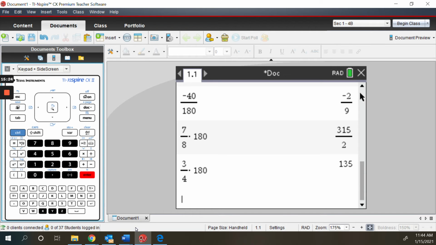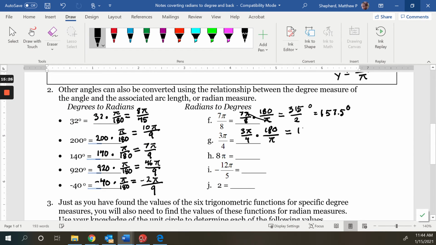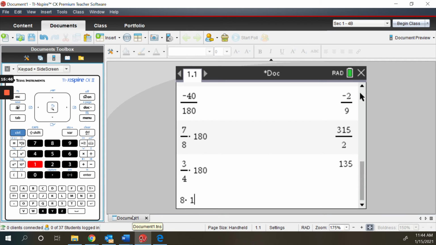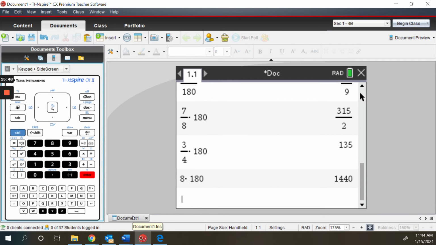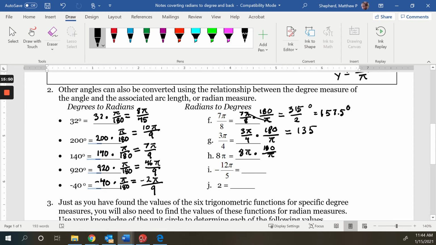We get 135. 8 pi times 180 over pi. So essentially an 8 times 180, since the pi's would eliminate, and we get 1,440 degrees.